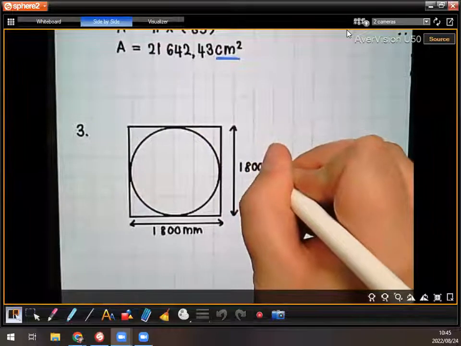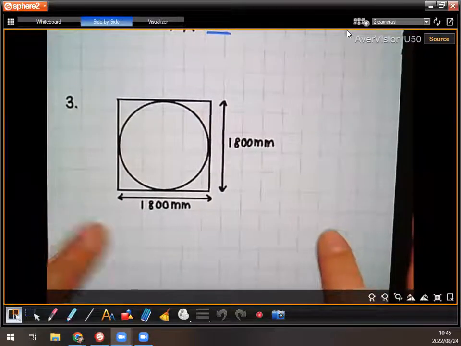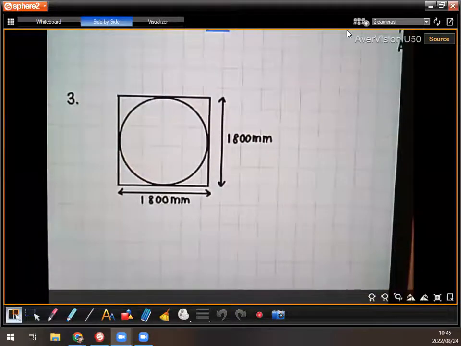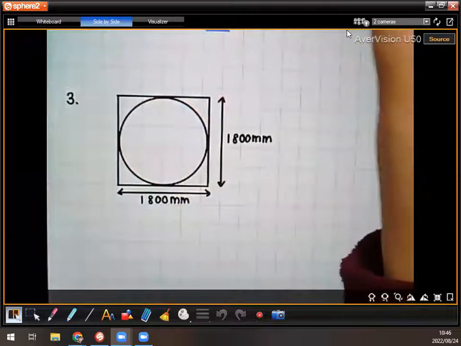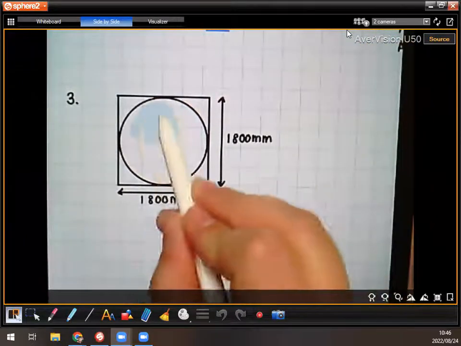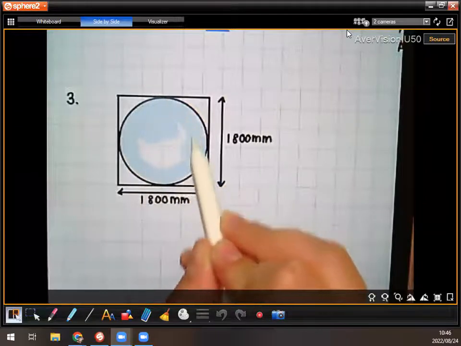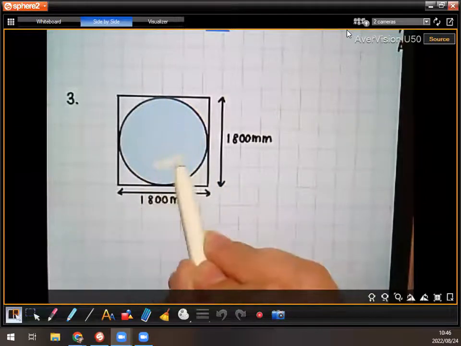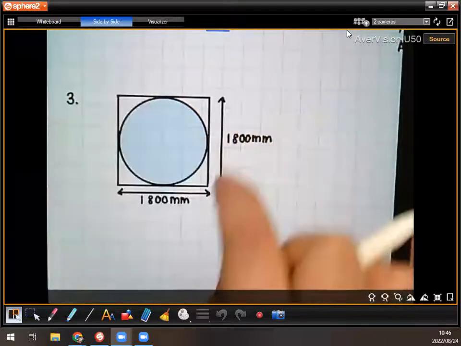1,800 millimeters. But he wants to cut this piece out. This is what he wants: the circular part. That is going to be the table part. But this is the piece of wood that he has.